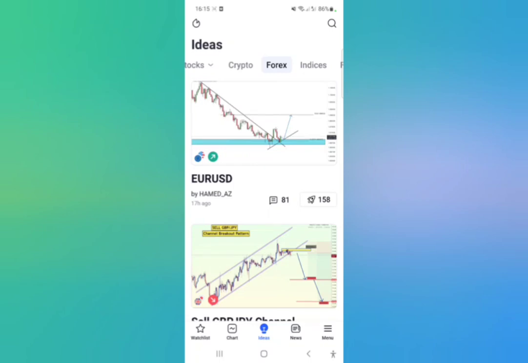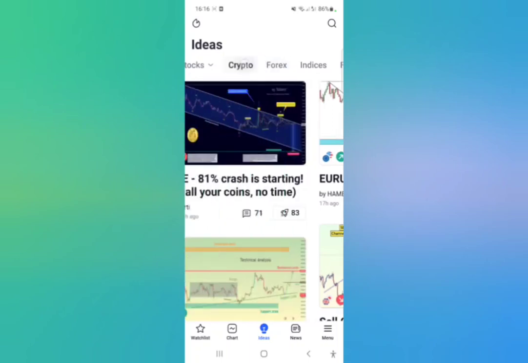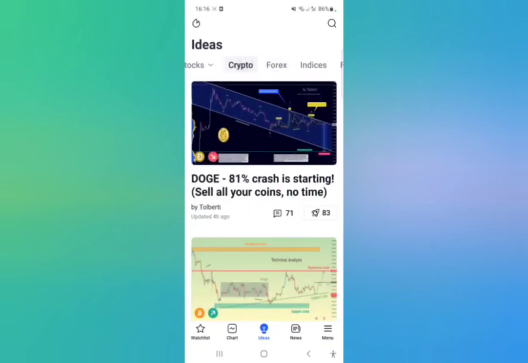So these are ideas of different traders in the market, so you also have to analyze them to make sure that you get the right one and use it to compare with the one you did yourself. Don't just come here and see that this person said that Doge will crash and you go ahead and start selling all your Doge. You have to come here and check with your chart to see whether what this guy is saying is true.